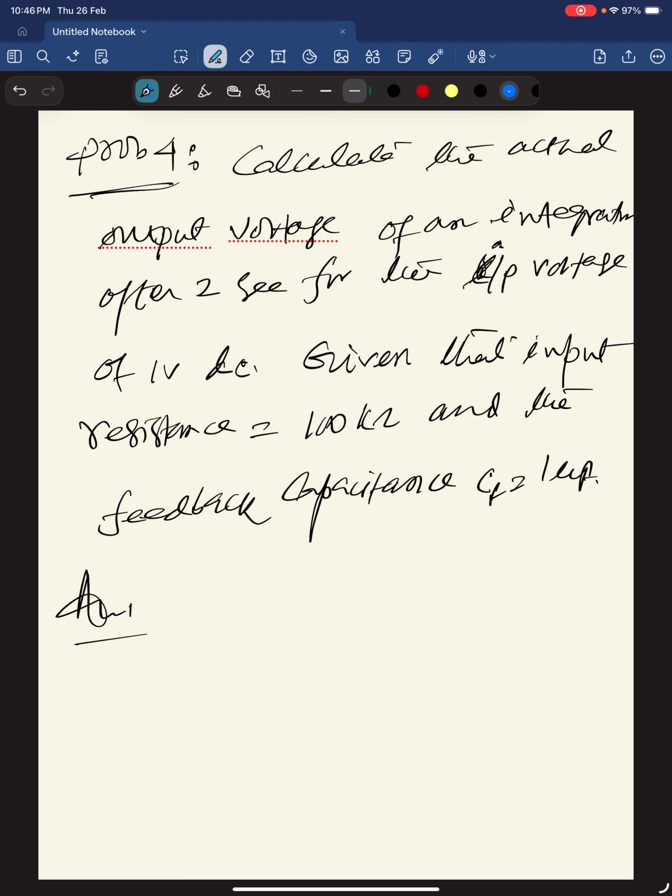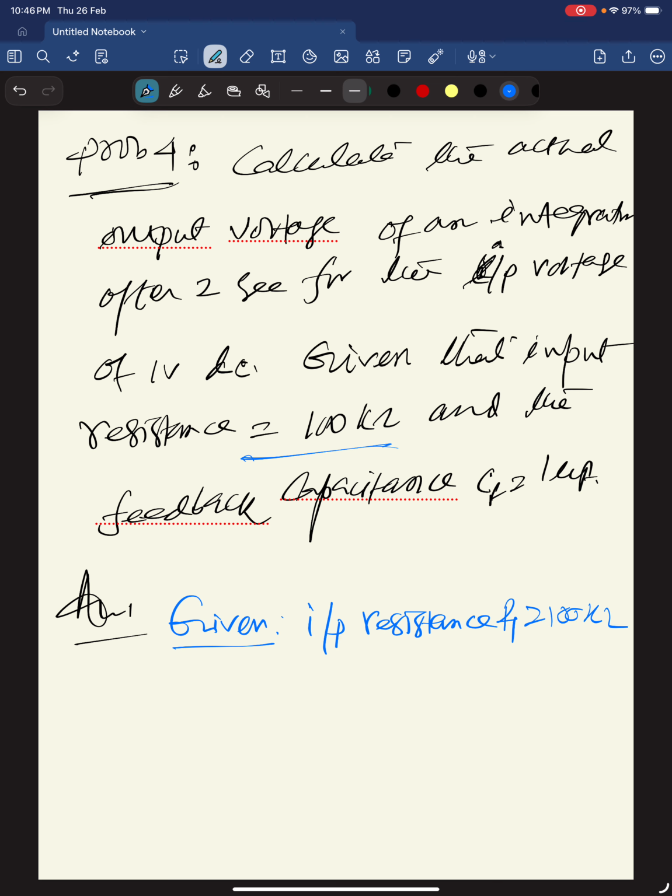Now what are the given parameters? Input resistance R1, 100 kilo ohms.